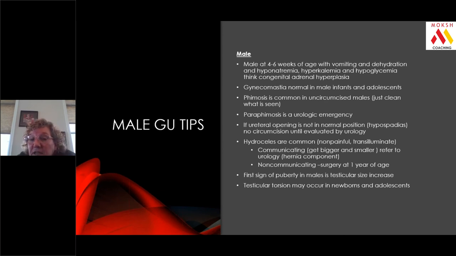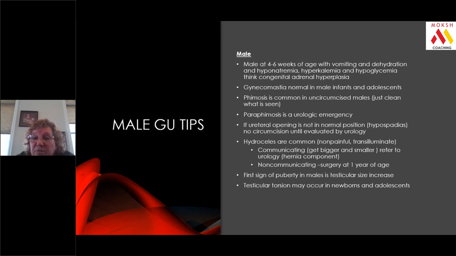Vomiting, the kids with congenital adrenal hyperplasia are not absorbing things correctly, and so they get kind of, I don't want to say seasick, but they do get seasick. Hypoglycemia is going to make them not feel well. A lot of those kids will vomit. So that's going to be the most common finding.